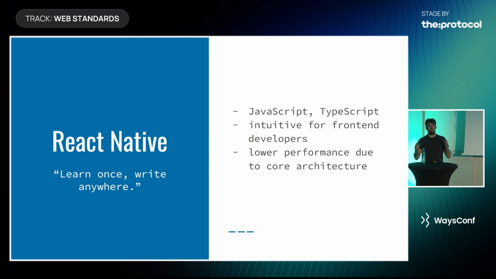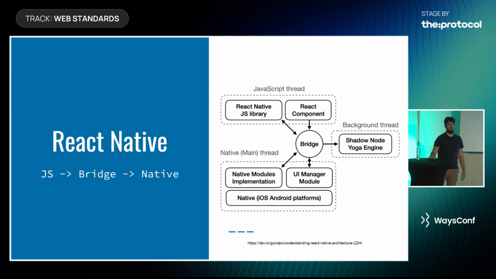Okay, React Native. React Native has the promise that you learn once and then you can write anywhere, the same application. So it should be intuitive for front-end developers. They are using JavaScript, TypeScript, the toolchain they already know. But React Native actually has lower performance on the device due to its internals.